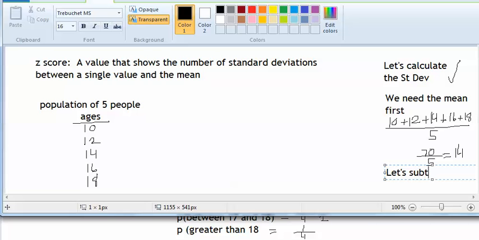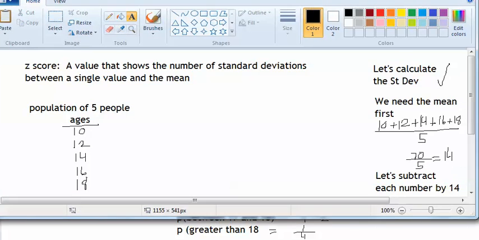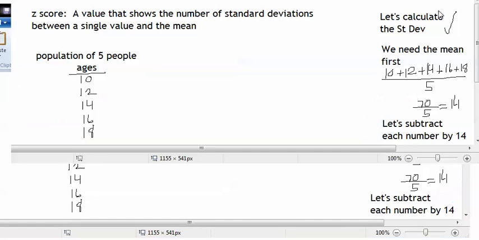Now let's subtract each number by 14, because that's our mean.